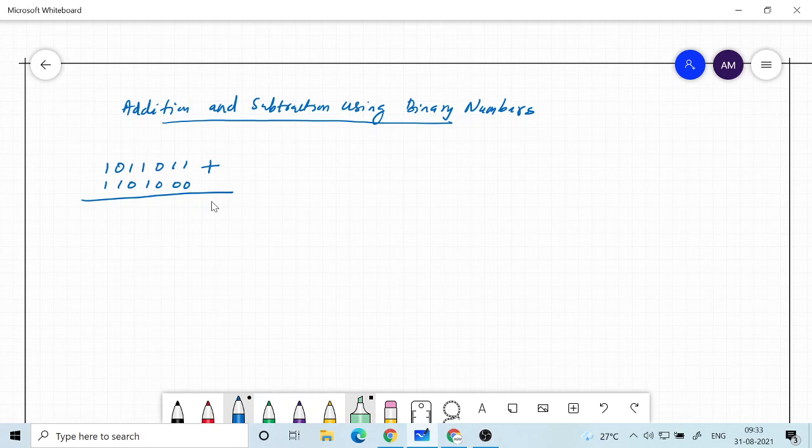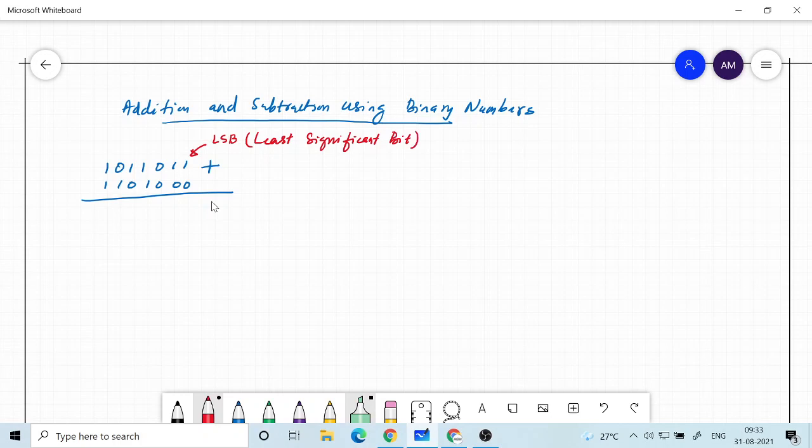So what we do, just like we do in the decimal system, we start with the rightmost bit. This particular bit has a name called LSB. LSB stands for least significant bit.